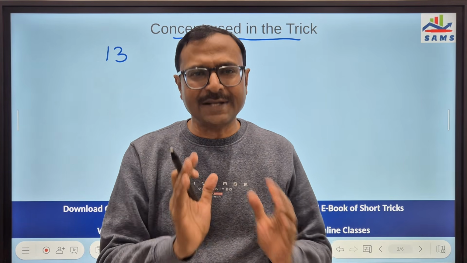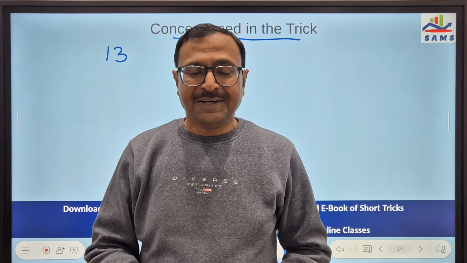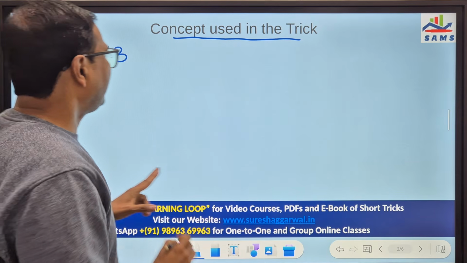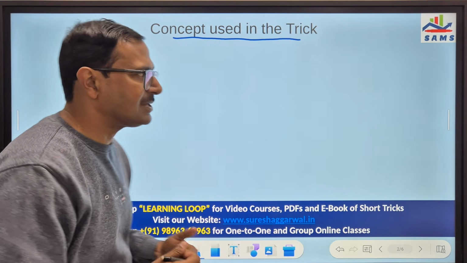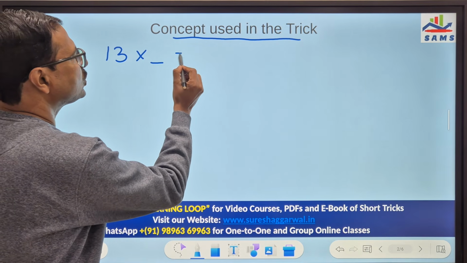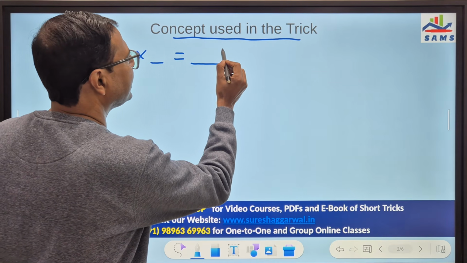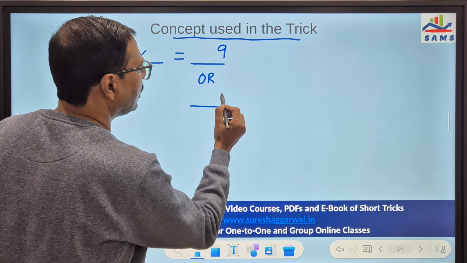Now oscillator is a number. It can be positive or negative. So if you know the 13 times table, or you can do some basic multiplication, you need to multiply this by a single digit number so that your answer ends in either 9 or your answer ends in 1.